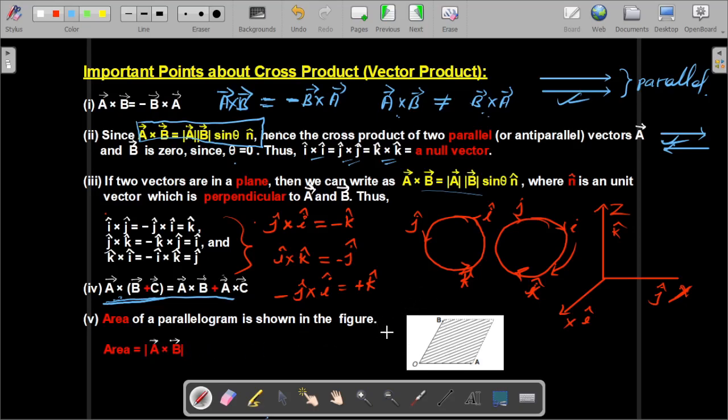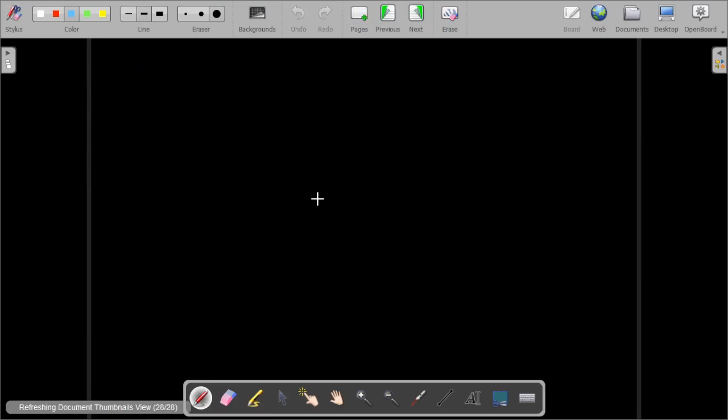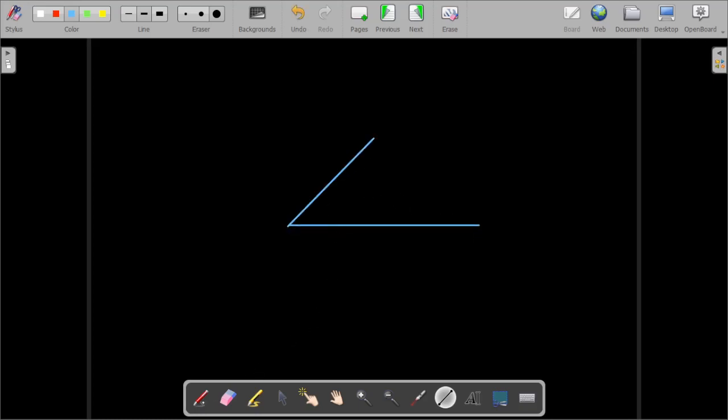Suppose two vectors are given, acting in this way. This is the a vector, this is the b vector.